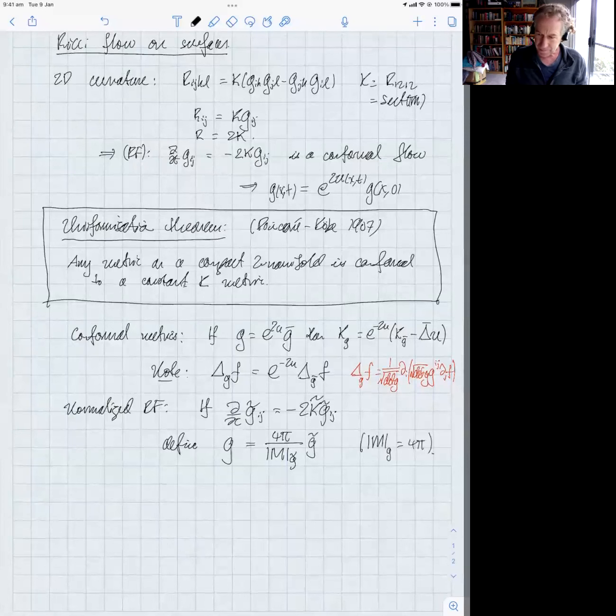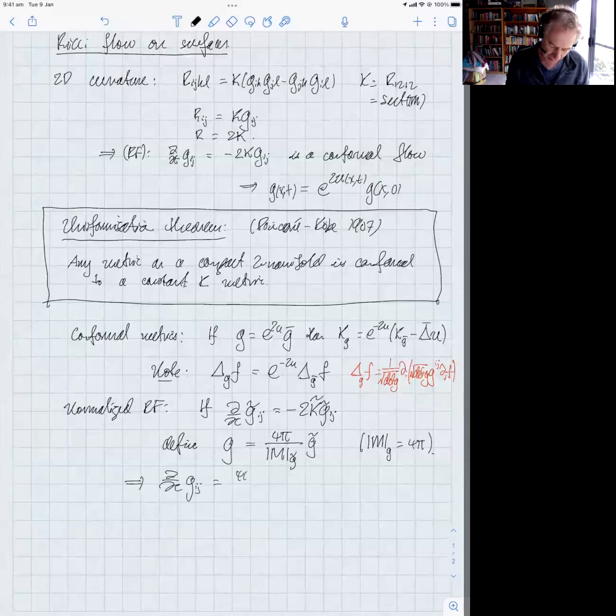And then if I work out the derivative with respect to tau of this G, the rescaled thing, okay, so I get the 4 pi divided by the area of G tilde times the time derivative of G tilde, which is minus 2 k tilde G tilde.